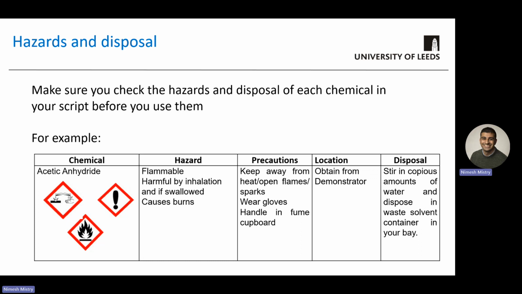Also want to stress that when you get to using some of these chemicals or techniques and you're unfamiliar or you've forgotten what the key hazards are, that's okay, but do make sure you look back into the script where you can find all the hazard information, and refresh your memory and your knowledge of what the key hazards are, the precautions you need to take, and how you should dispose of things safely. Do double check what the hazards are of any of the chemicals you're using just before you use them, and they're all in the script for you to look back and refer to as you're working your way through the experiment.